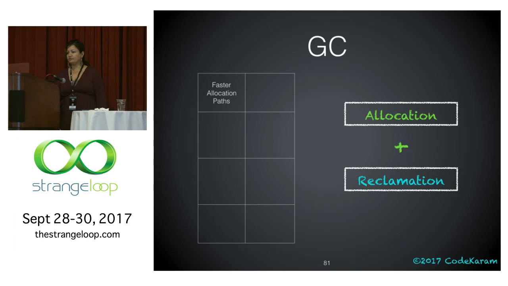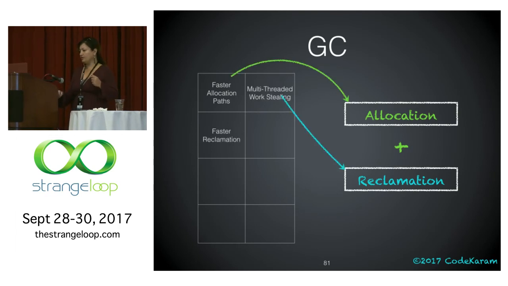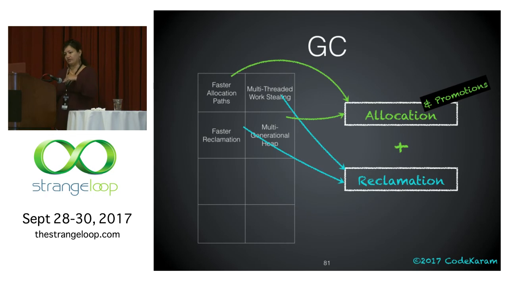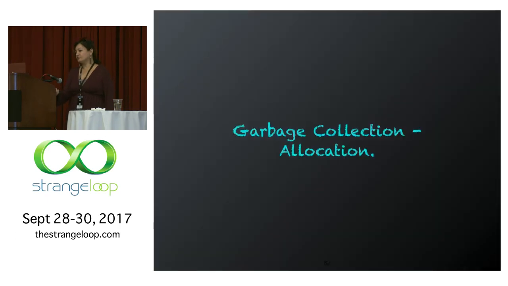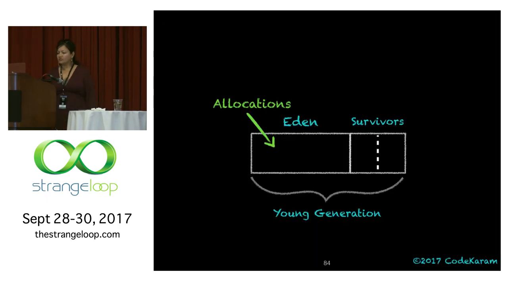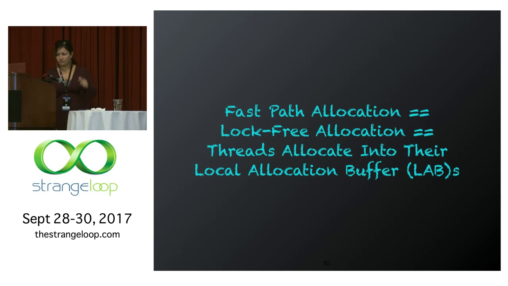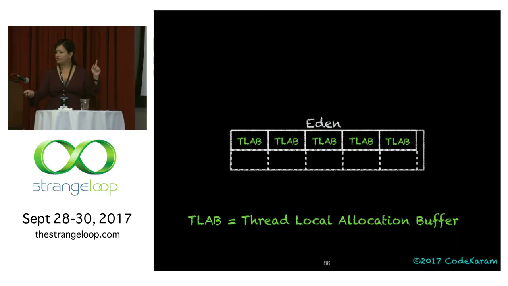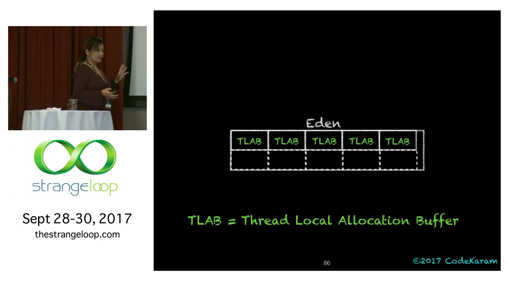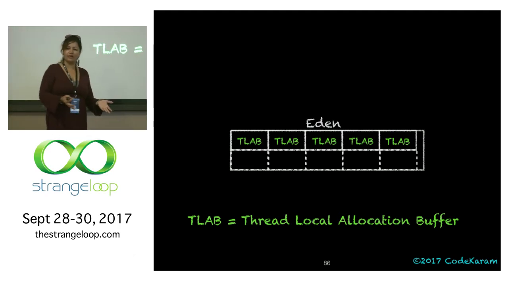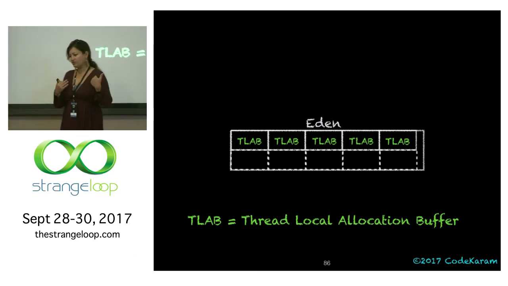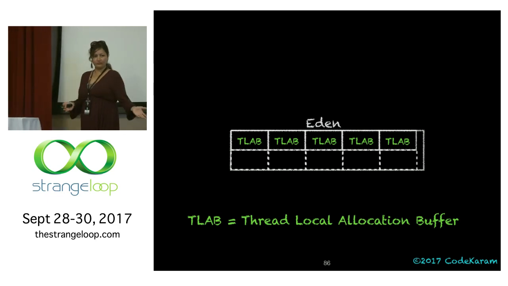So if I had to talk about the optimizations and classify them based on allocations or reclamations, that's how I would do it, but I already spoke about most of those. So let's look at some allocation optimizations. I mentioned thread local allocation buffers. Because most of the allocation happens in Eden, most of the allocation optimizations happen in Eden, right?